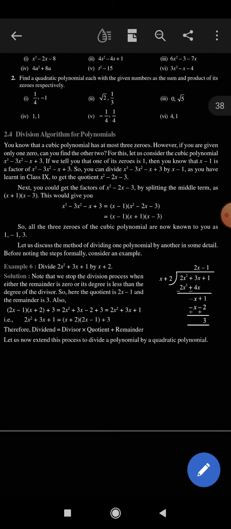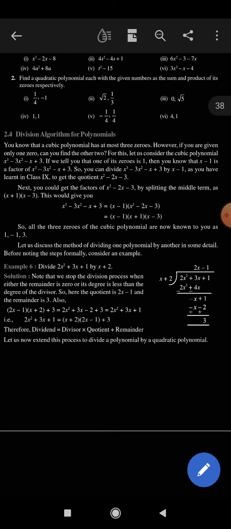If I tell you that one of its zeros is 1, then you know that x minus 1 is a factor of x cube minus 3x square minus x plus 3. So you can divide x cube minus 3x square minus x plus 3 by x minus 1, as you have learned in class 9, to get the quotient x square minus 2x minus 3.